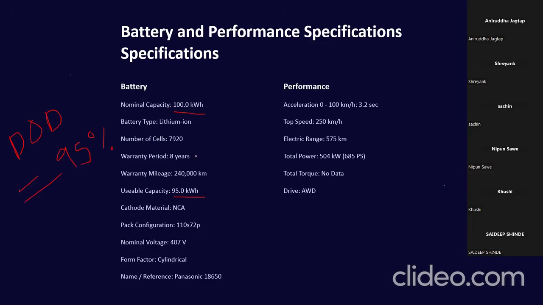Basically the lithium ion chemistry they're choosing is called NCA, a nickel cobalt aluminum oxide type of battery. In every battery, whatever the type, there will be three components: cathode, separator, and anode. And on both sides of the separator, there will be electrolytes which transfer the ion from cathode to anode.